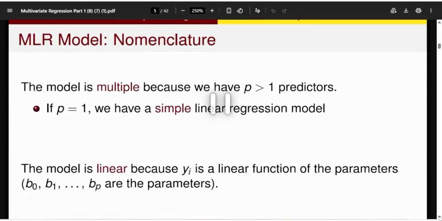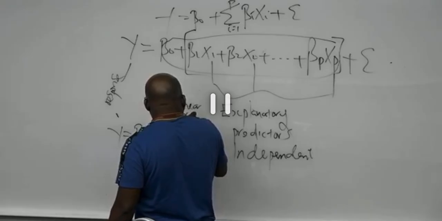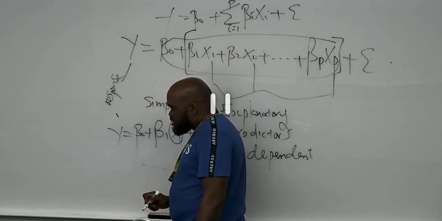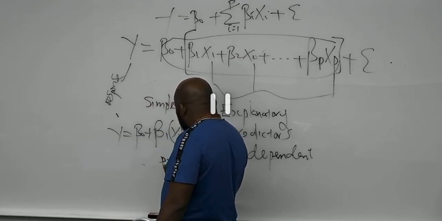It is called simple linear regression if I have this: one independent variable, one response. That is simple linear regression, which means here p equals 1.